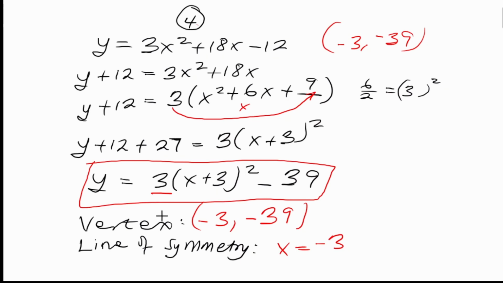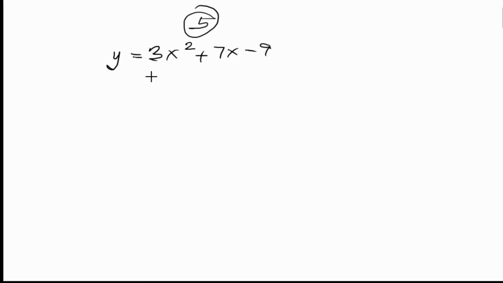Let's take the very last one, which is a bit challenging, and I'll explain to you why I say it's challenging. We have to find the coordinate of the vertex of the equation y equal to 3x squared plus 7x minus 9. Remember when I was explaining the vertex form of quadratic equation, I said that it is easier to use this when the coefficient of x is an even number.